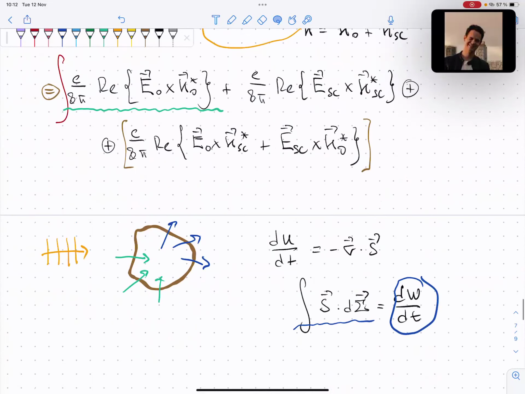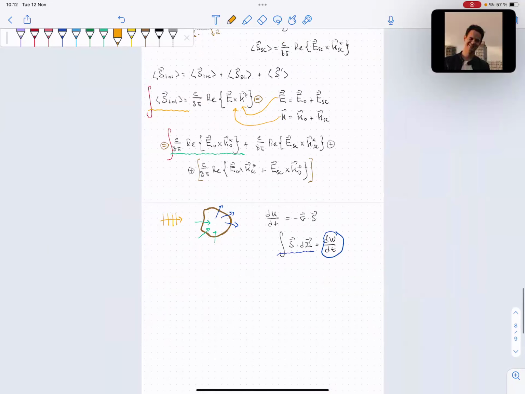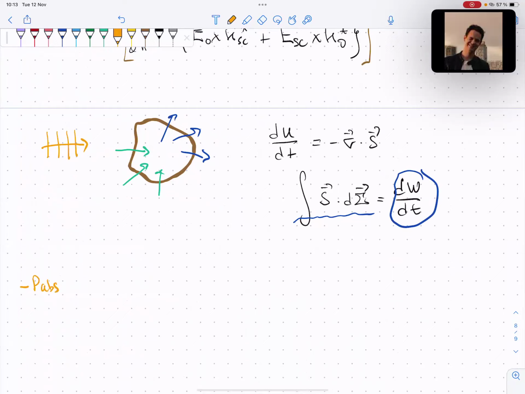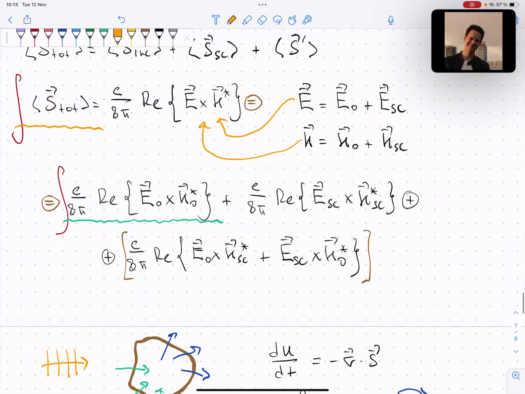So for the incident field, let me write it one more time. We have some power which was absorbed by our particle, with a minus, because absorbed power is calculated with a minus sign. We have this term equal to 0.